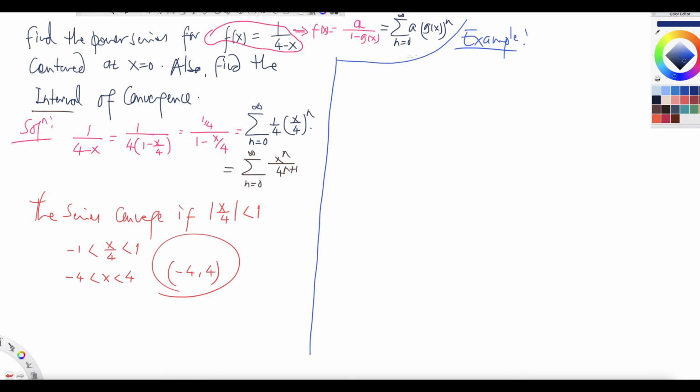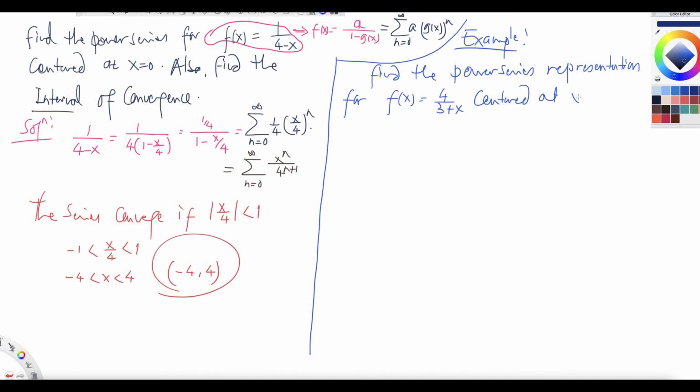So the question is the same: find the power series representation for the function f(x) = 4 over 3 plus x, centered at x equals 0, c equals 0, because c is the notation for center.